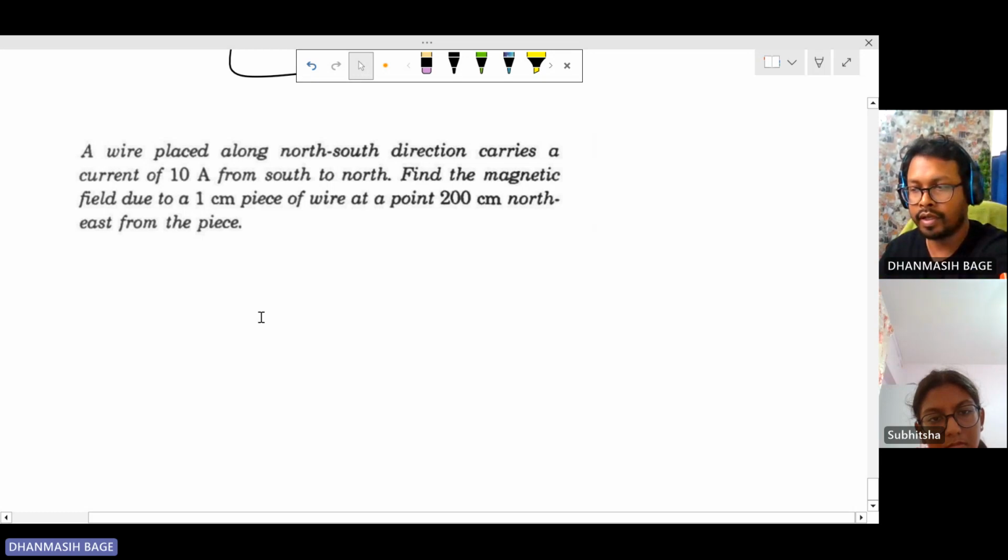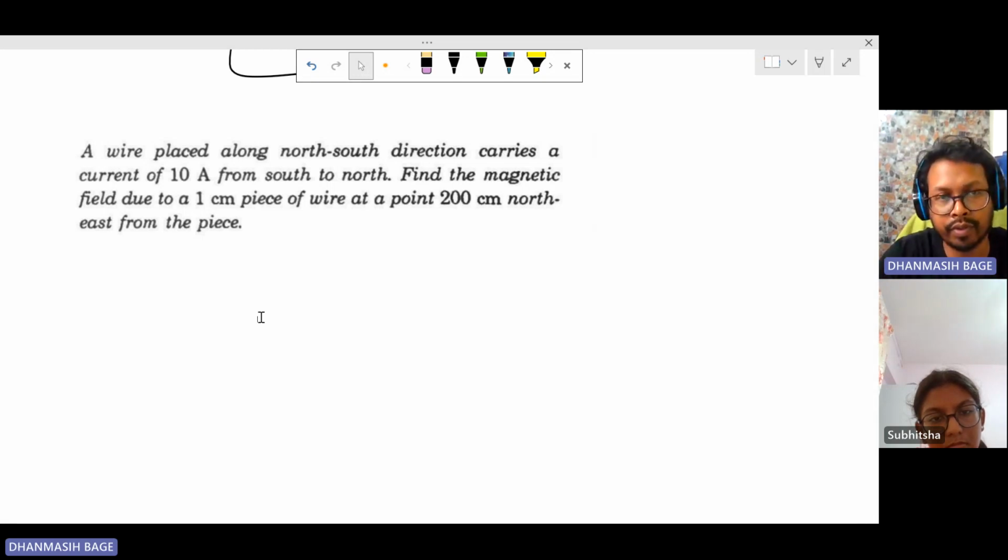Draw the diagram. If you understand the diagram, then it is very easy for you to understand.